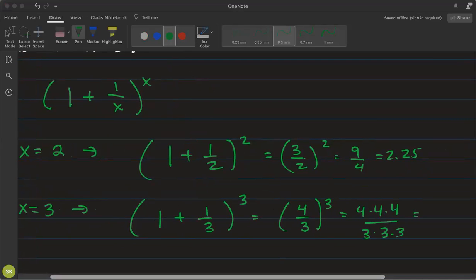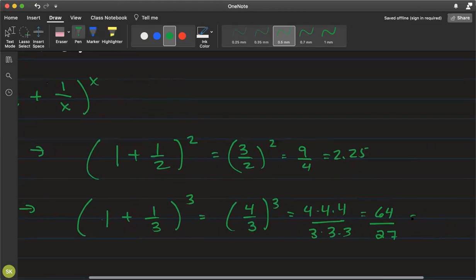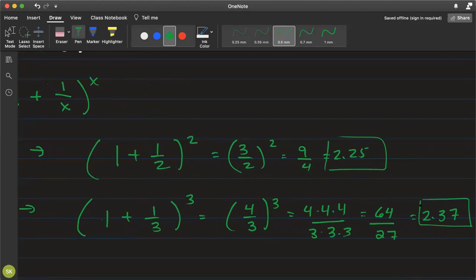So 4 times 4 times 4 is 64. And then 3 times 3 times 3, that's 27. And if you take 64 and divide it by 27, you get 2.37. And you can see that this number is close to this one, but it's a little bit bigger, right?